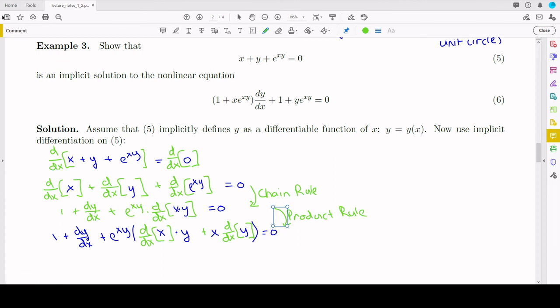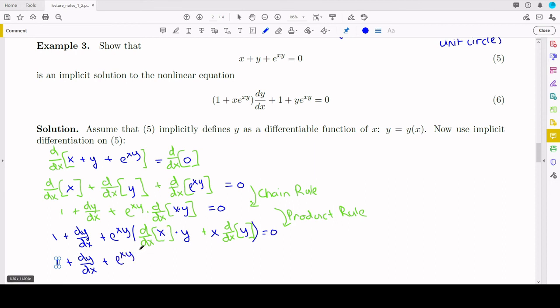Okay, let's simplify that a bit more. So now we have 1 plus dy/dx plus e to the power xy.